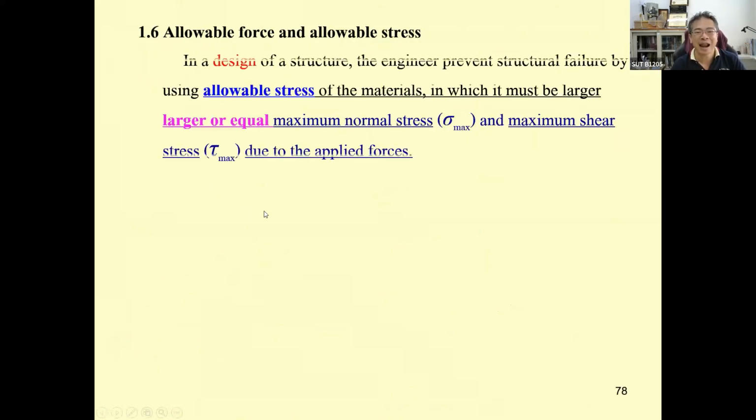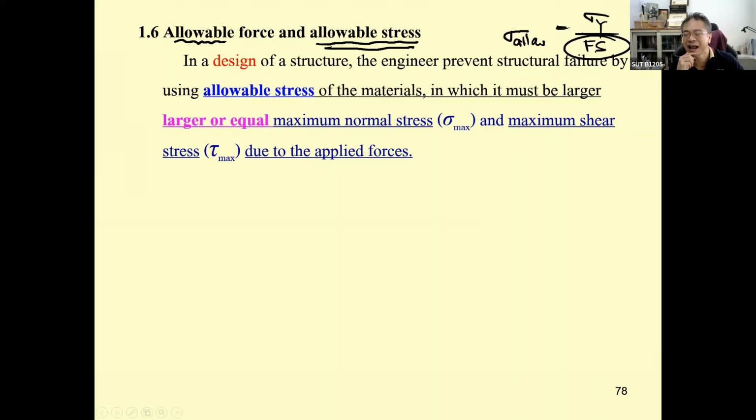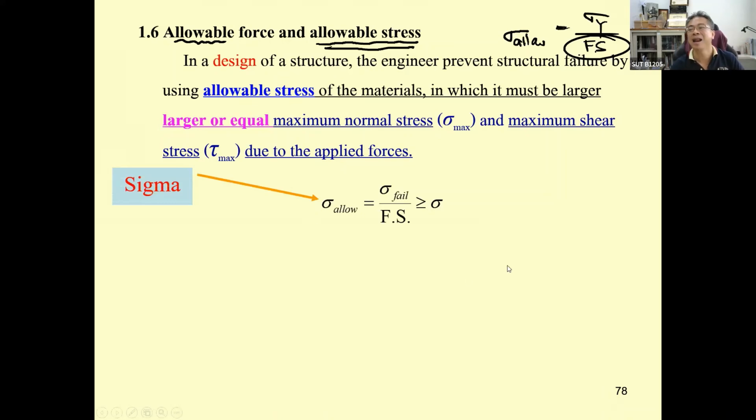And then allowable. Why do we use the allowable stress in our design? The allowable stress is going to be the property of the material divided by something that's larger than 1, because there is some important thing. So first, the concept of the sigma allow. We use sigma allow to prevent the failure.